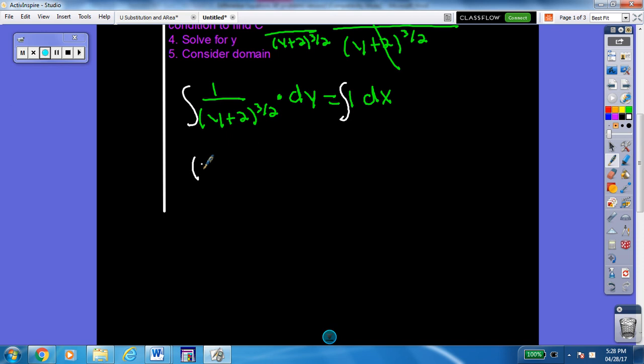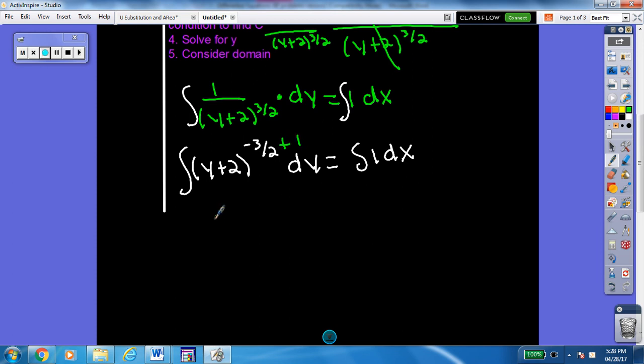So that's going to be (y plus 2) to the negative 3/2 dy. And then we're trying to take the integral here. So what we'll do now is add 1, and then we'll get the quantity (y plus 2) to the negative 1/2. And we need to multiply by the reciprocal, which would be negative 2.